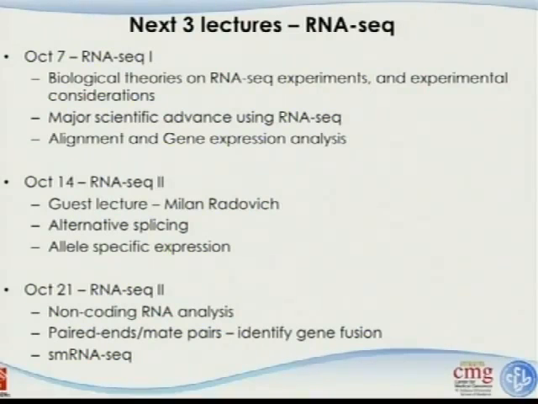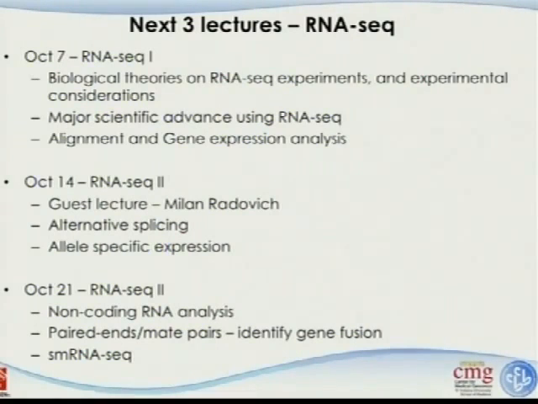We also will talk about alignment here, because for RNA sequencing the alignment has become trickier than regular alignment. There are some special strategies for that. And we will summarize the gene expression analysis, and how we can say how many transcripts are transcribed just based on next generation sequencing data.